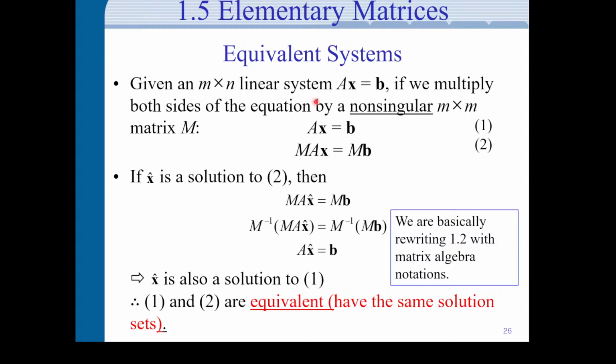We can already solve a linear system of equations using Gauss-Jordan elimination, and we get the reduced row echelon form, right?